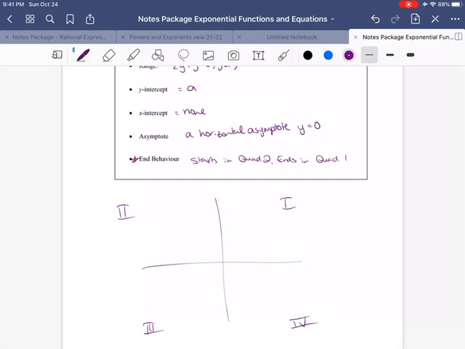So they're starting in quadrant 2, and they're ending in quadrant 1. And either way, if it's exponential growth or decay, okay, they're both starting in 2, going to 1.